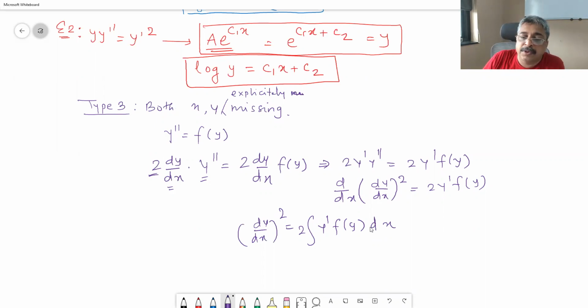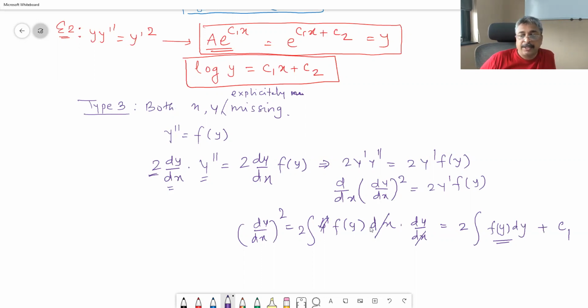If I replace this y dash by dy by dx, this dx gets cancelled and you end up getting 2 integral f of y dy, plus c1. Okay, and then after performing this integral, you can integrate it once again. So that has been the procedure.